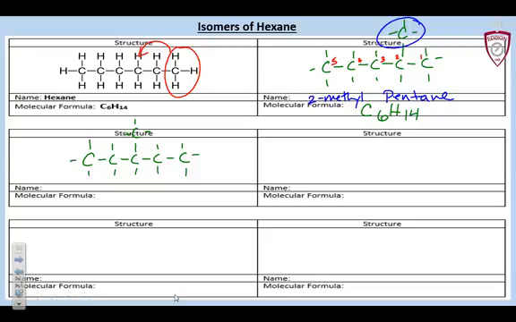Again, C6H14. We have the same molecular structure. I have the same 5 carbon backbone, so I'm going to be pentane. But this time my single methyl is on number 3 carbon, so this is called 3-methylpentane.